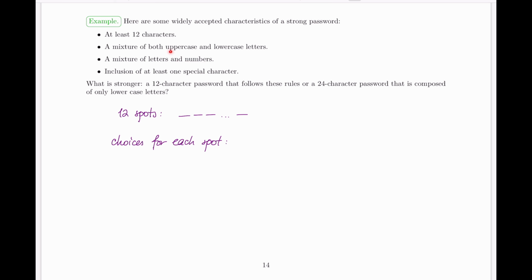So I'm allowed to use upper and lowercase letters. For the lowercase letters, I have 26 options. For uppercase letters, I have also 26 options, same letters, but uppercase. Now, I also am allowed to use numbers. There are 10 of those. And I am also asked to use at least one special character.